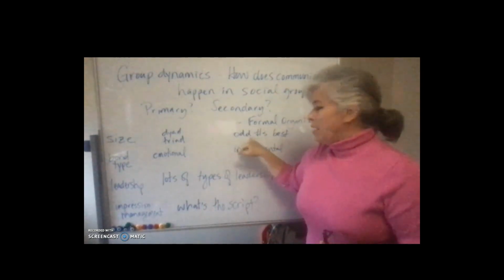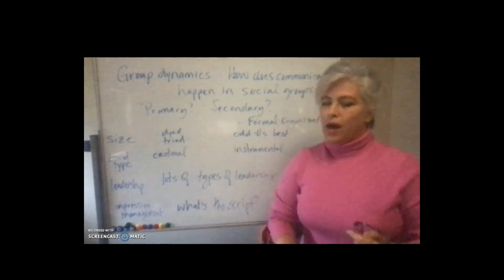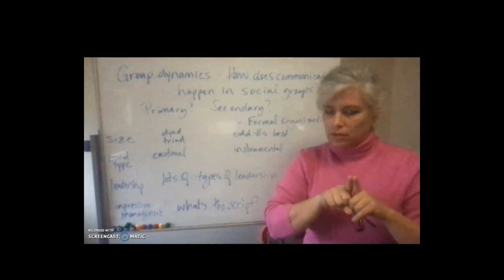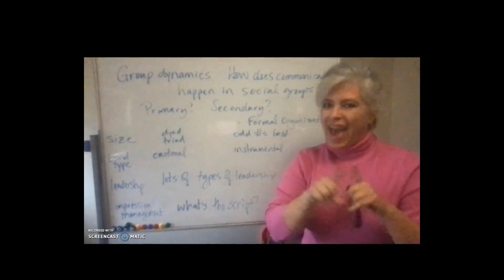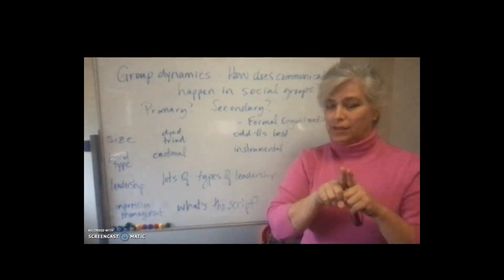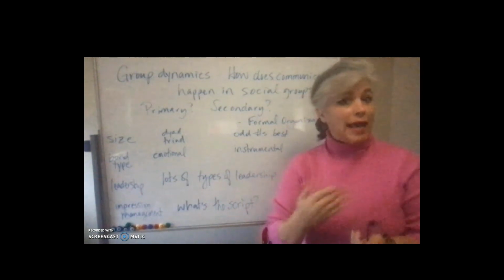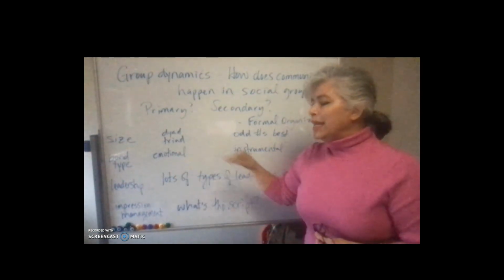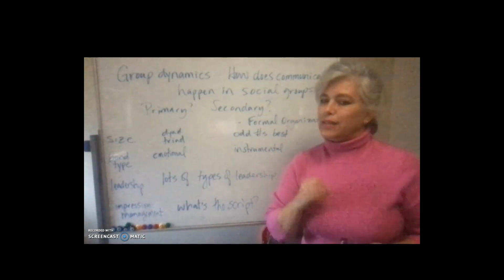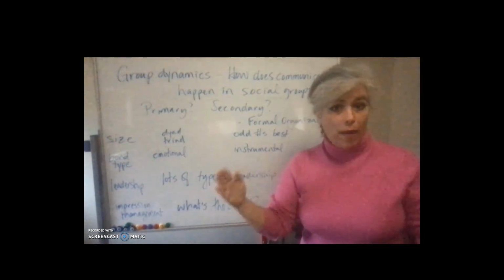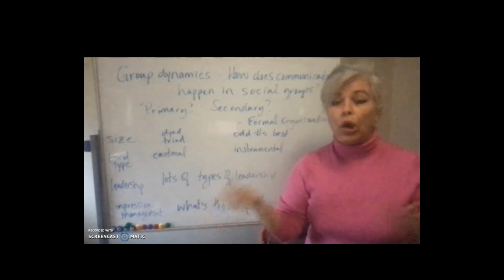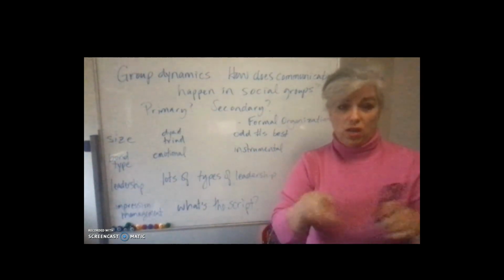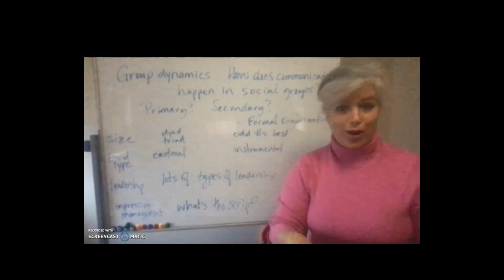Also, the odd number thing, the dyad, 2 people, if there is a disagreement between those 2 people and they can't come to a compromise, then a dyad, or actually any even numbered group, 4, 6, 8, any even numbered group has the potential of a stalemate where they can't come to a conclusion, or a breakup where you can't stay with that person anymore, whether it's romantically, whether it's your best friend, whether it's whatever.